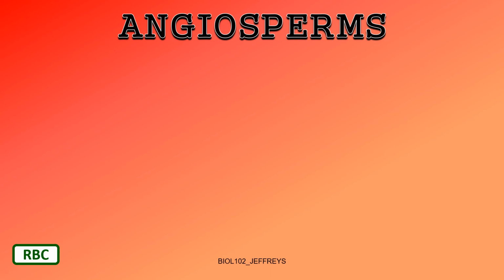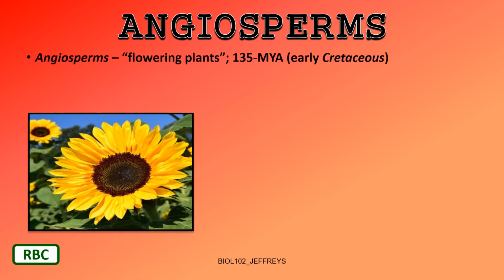Okay, angiosperms. We call them flowering plants because, well, they make flowers. However, some angiosperms, like grass, depending on the variety, you rarely see the flower. But there is a flower there. Flowering plants showed up about 135 million years ago in the early Cretaceous.